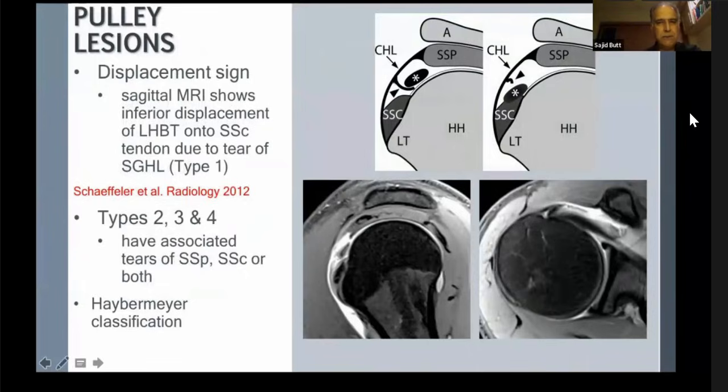If you have this torn, then the biceps tendon settles down onto the surface of the subscapularis. So here is the same thing in a real patient. This is the supraspinatus. That's the subscapularis, and notice the biceps tendon is just sagging onto the subscapularis. There's nothing separating the two. The superior glenohumeral ligament has been torn.